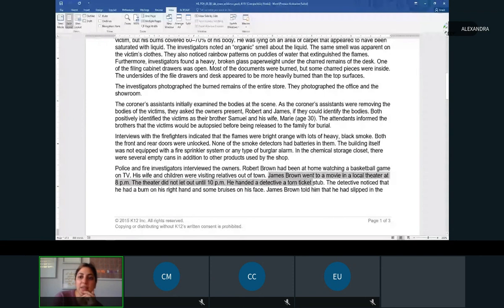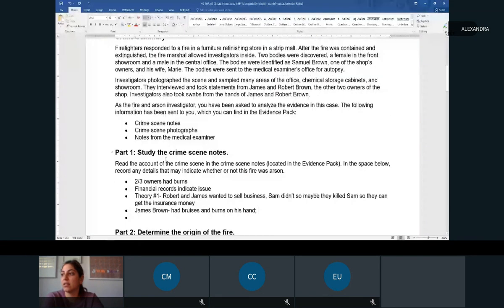So we have some evidence that suggests, now I'm not saying that this is right or wrong, I'm just pointing this out, that James was at a movie theater. And we have evidence that suggests he was there because we have a ticket stub, right?